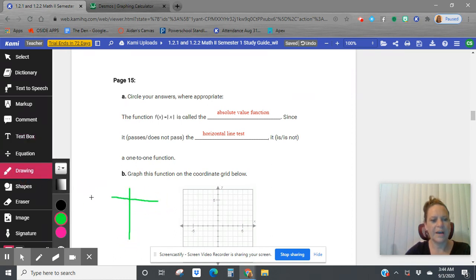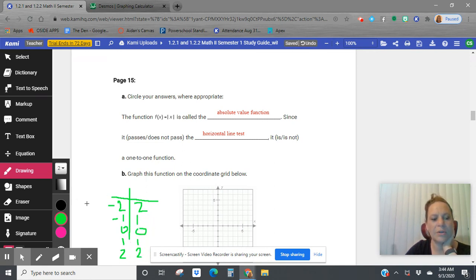So if I have some values like -2, -1, 0, 1, and 2, and my function is the absolute value of x. What is the absolute value of -2? +2. What's the absolute value of -1? What's the absolute value of 0, 1, and 2?